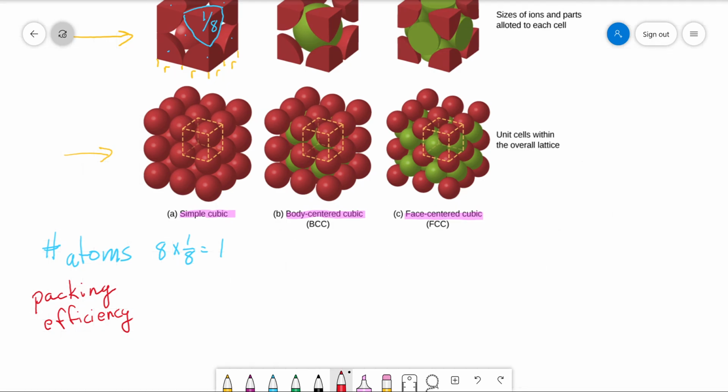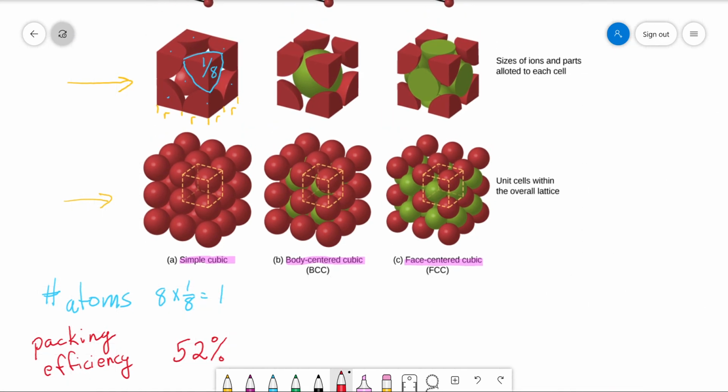And the packing efficiency on the simple cubic is 52%. So just a little bit more than half of this unit cell is taken up by atoms. The rest of it, the 48%, is empty space.